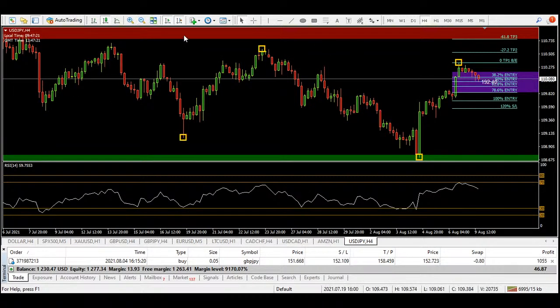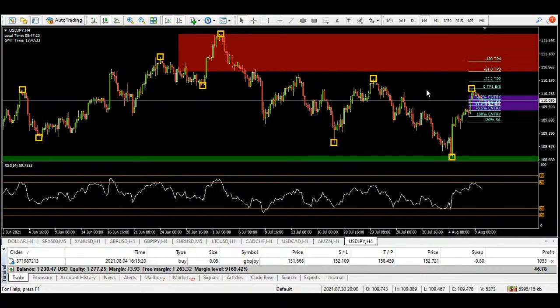42 up. 42 up. Okay, it's gonna pierce through that. Take this way.